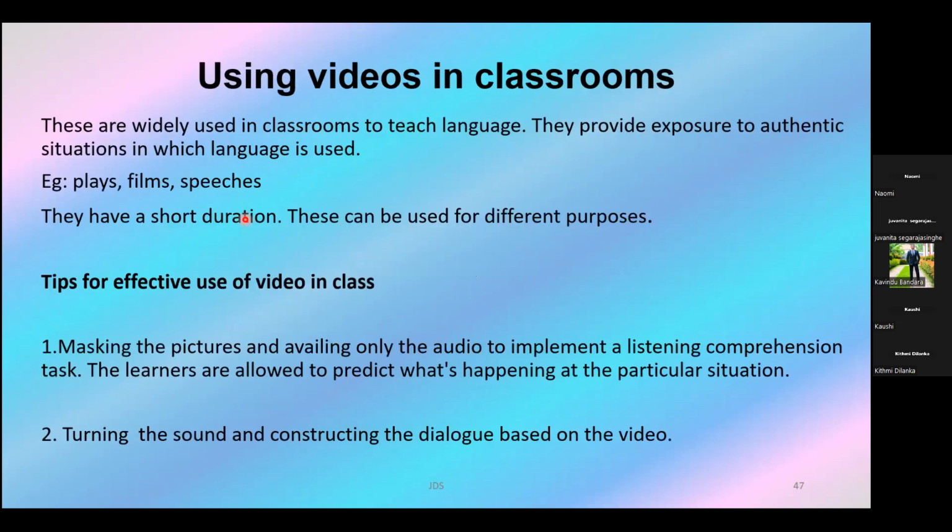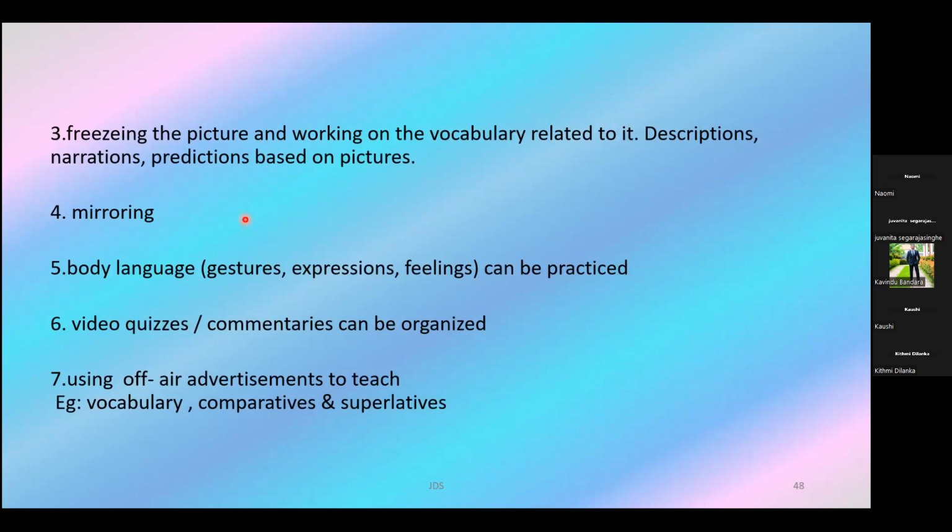The OHP and then the video. Tell me something about both OHP and videos before we look at the self-study task quickly. Tell me why or how a video can be used first.